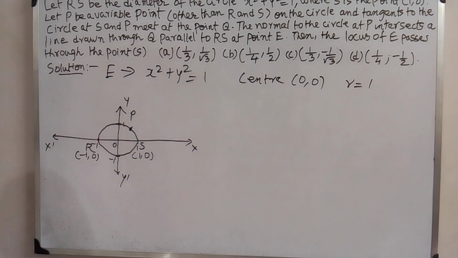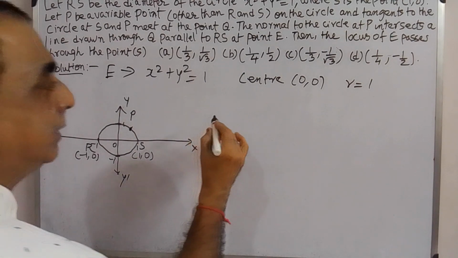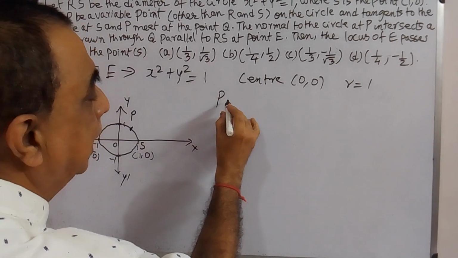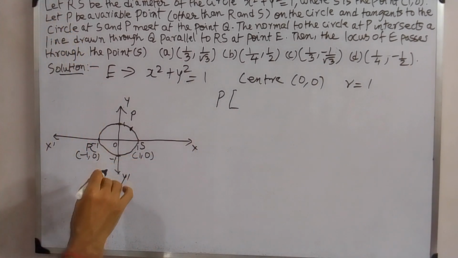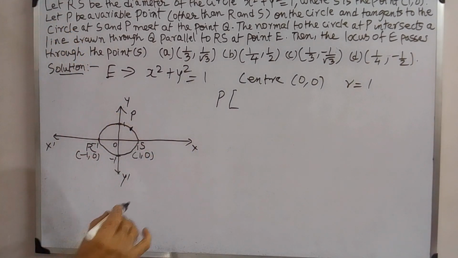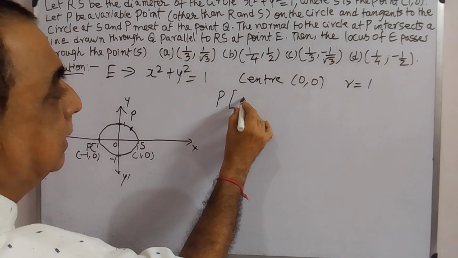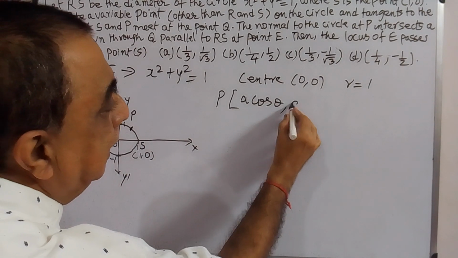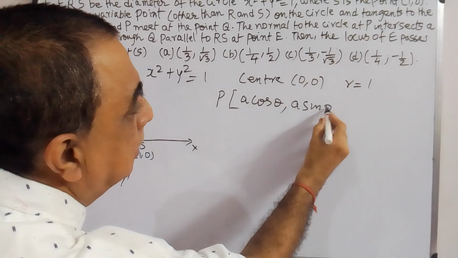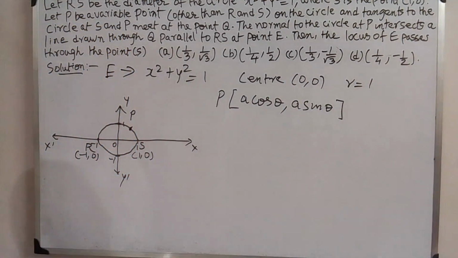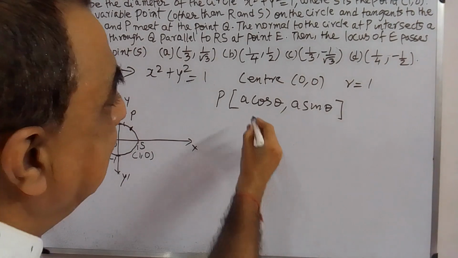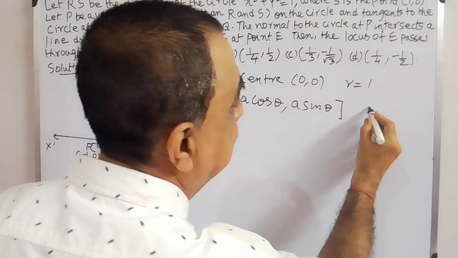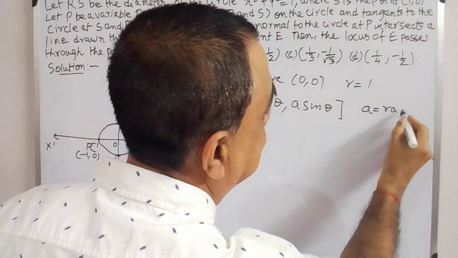We know the parametric coordinate of any point on the circle is represented by (a cos theta, a sin theta), where a is the radius of the circle.